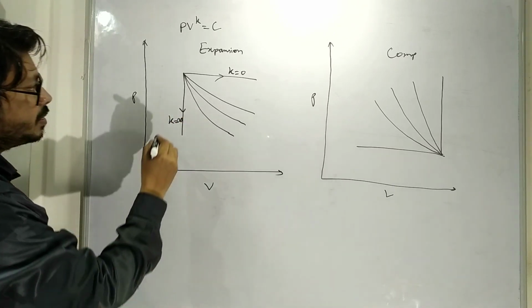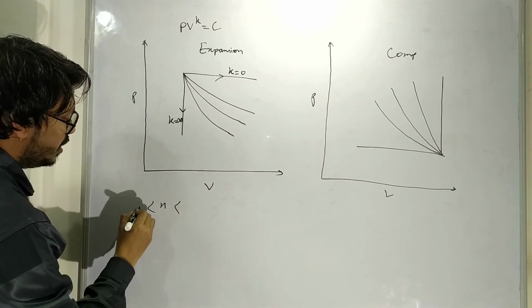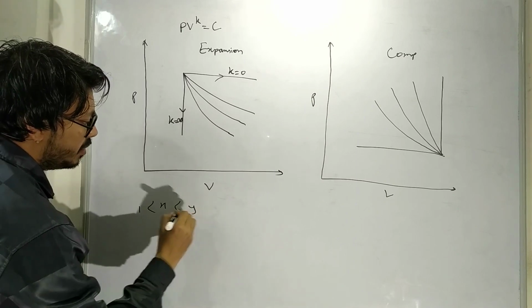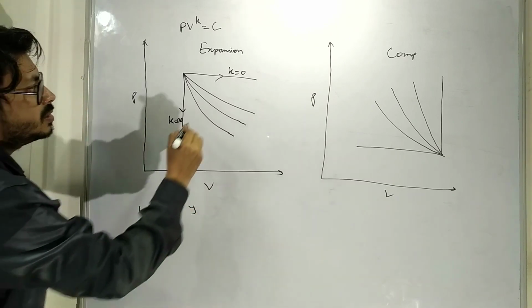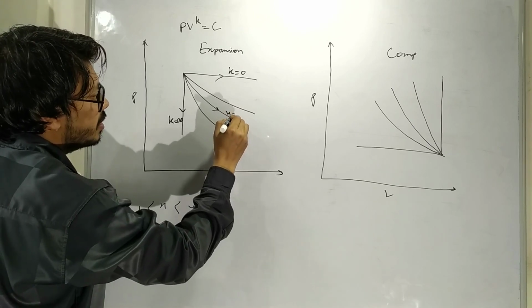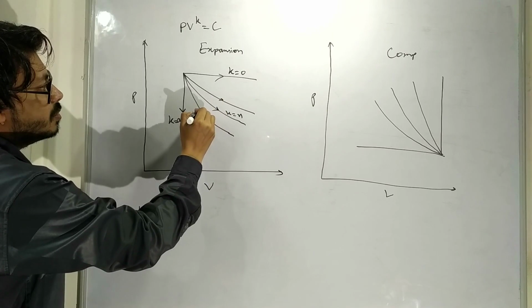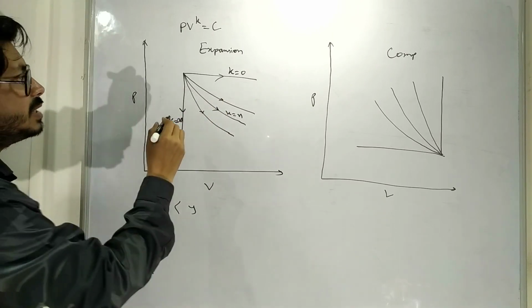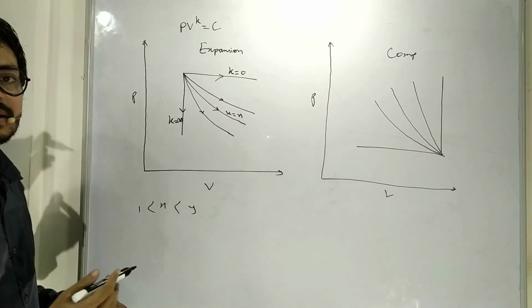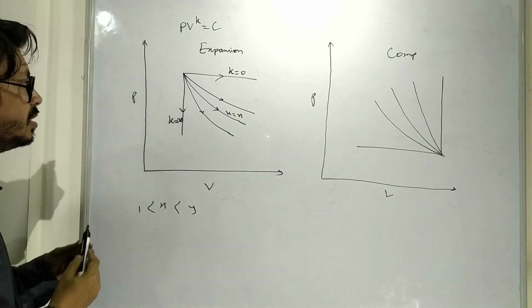Now we know that for polytropic process, n lies between 1 and gamma for practical purpose. So this is k equals n. Now out of these two curves, one is adiabatic and one is isothermal. We have seen that the slope of adiabatic curve is gamma times greater than the slope of isothermal curve on the PV diagram.